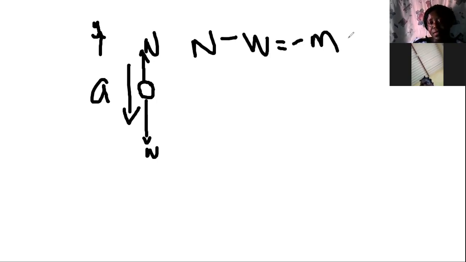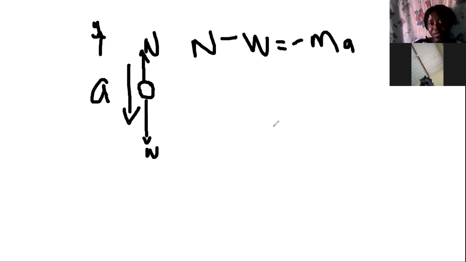Okay, now look at the case when the elevator starts to move down. What happens to your normal force? Does it decrease, increase, or stay the same? Do you feel the same when you go down? Using again Newton's second law, with up as our positive y-axis, summing up the forces, the normal force pointing upward is positive, minus the weight equals minus mass times the acceleration.